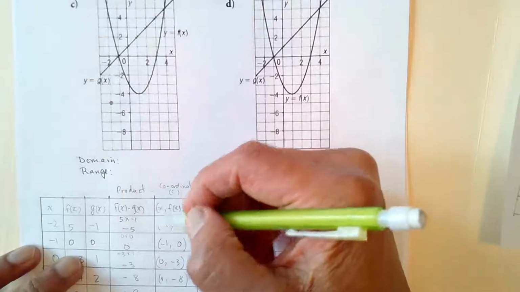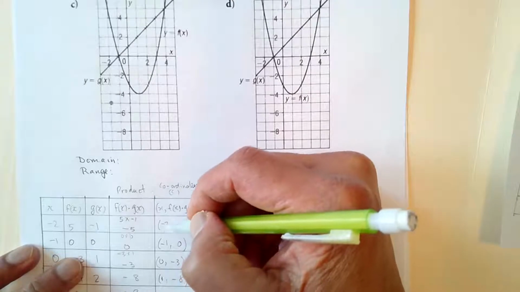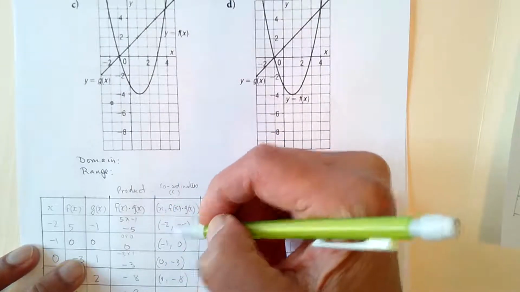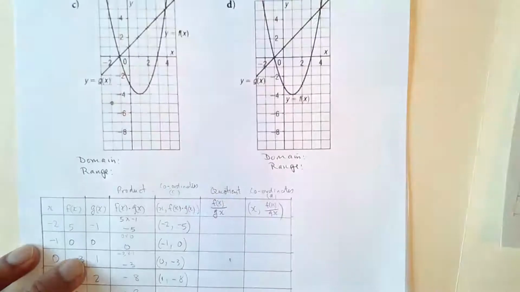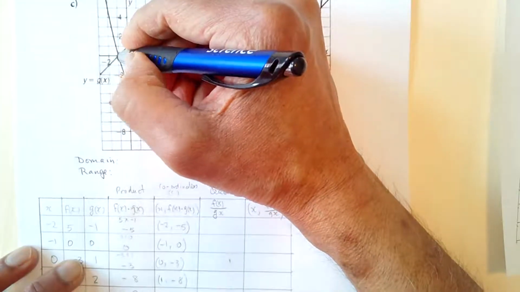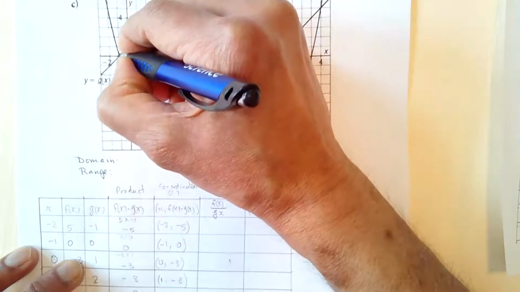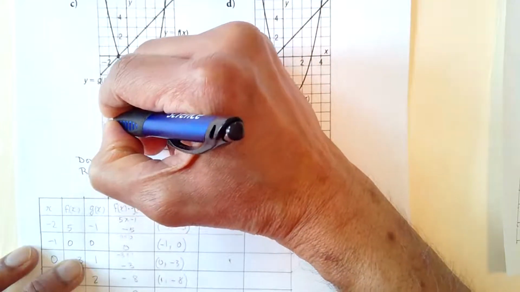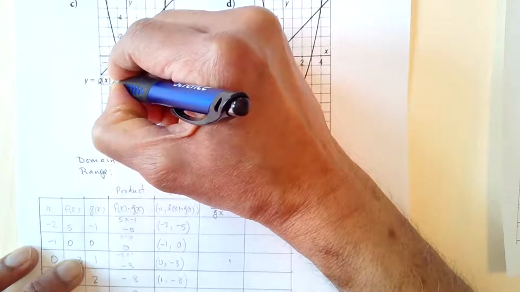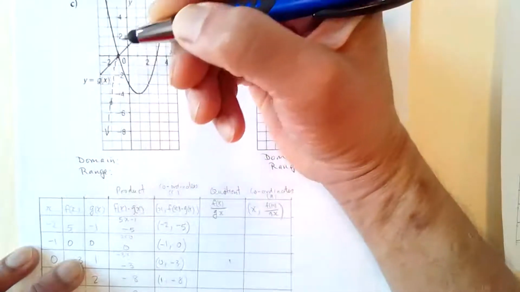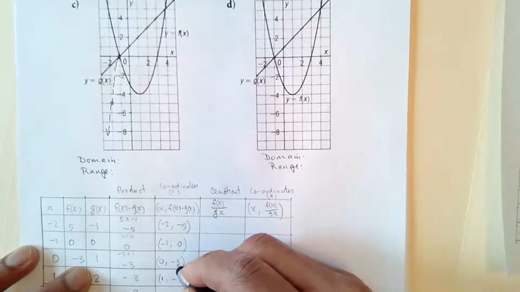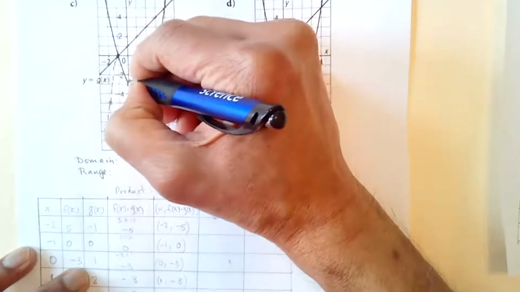So let's go ahead and plot the rest of the points. We started off with -1, 0. Here's my next point. -1, 0. So this graph, my point. The next is 0, -3. So 0, -3.